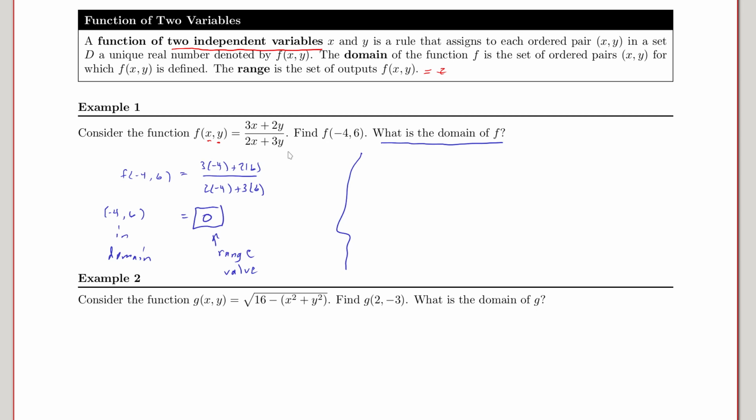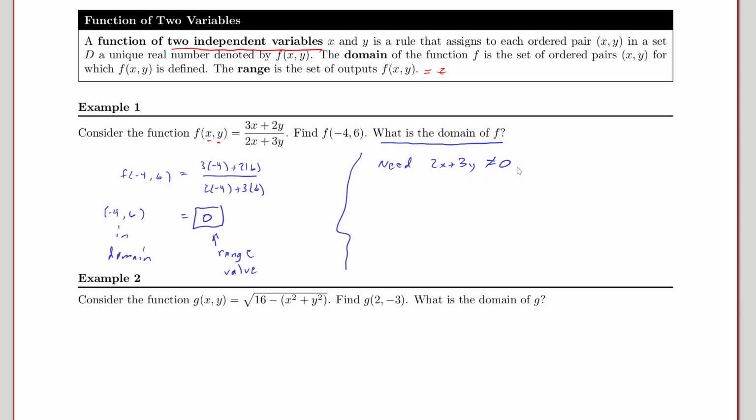There is a fraction. So what we need here is the denominator to not be 0. So we need 2x plus 3y to not be 0. So the domain will be all of the ordered pairs x, y, such that this is not 0.